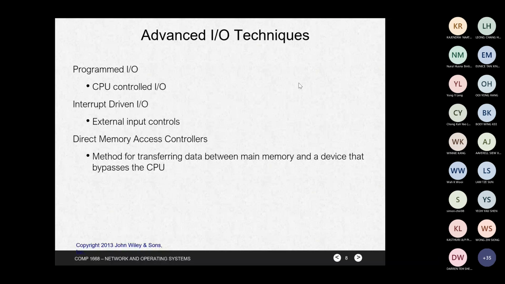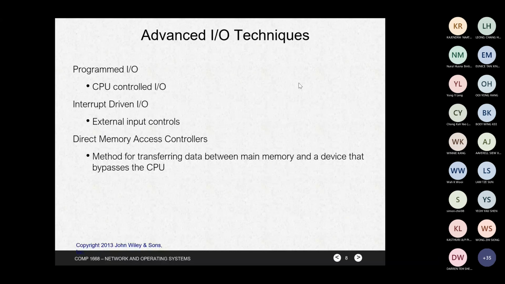In other words, how the I/O communicates with the CPU, with memory, with storage, as well as how data and signals are being moved or passed within the system.